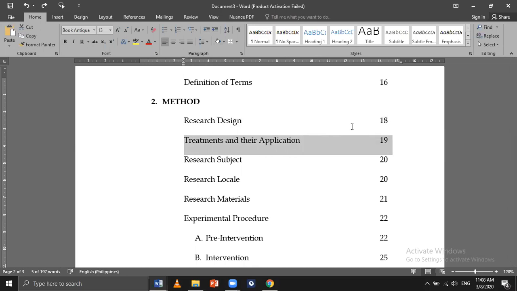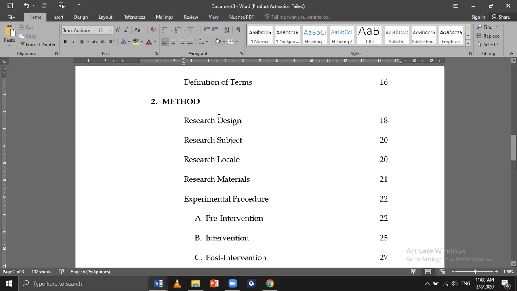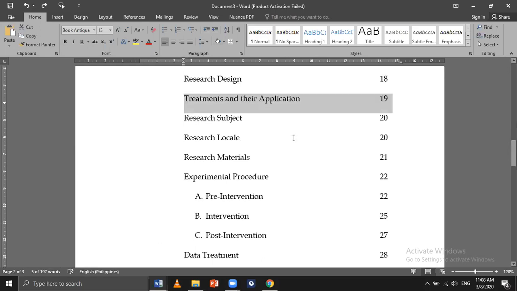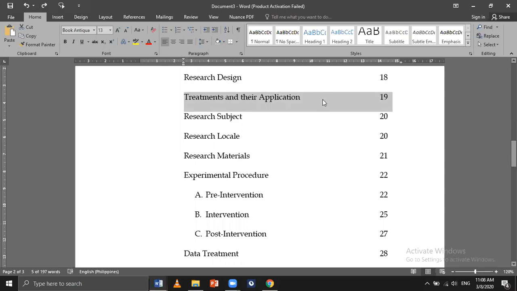So if you are doing non-experimental, you have to remove that one. If you are doing scientific experimental research, you have to include that one.